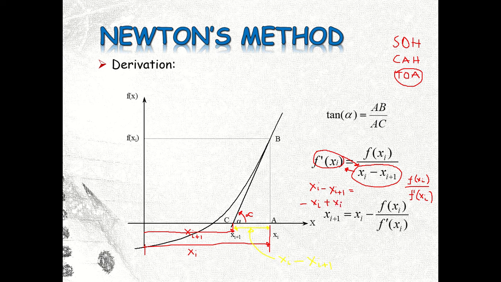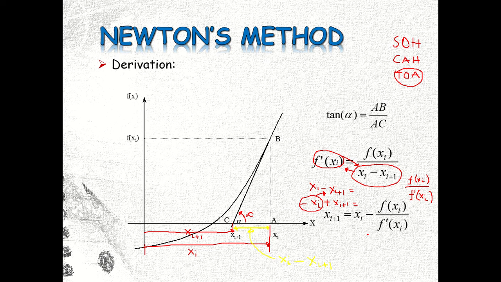Then you transpose this to the other side, retaining only x sub i plus 1, so this becomes positive, and this one is minus because we multiplied both sides by negative. That's why you have here minus f of x sub i divided by f prime of x sub i. So that's how to derive it, class.